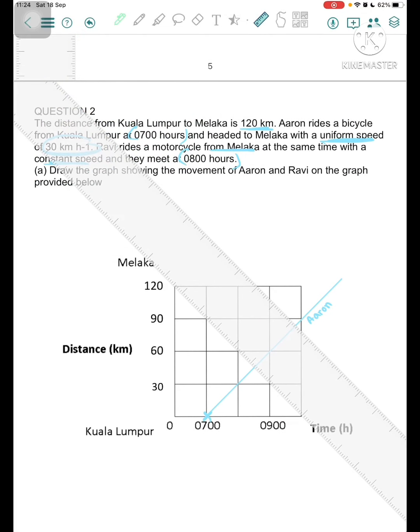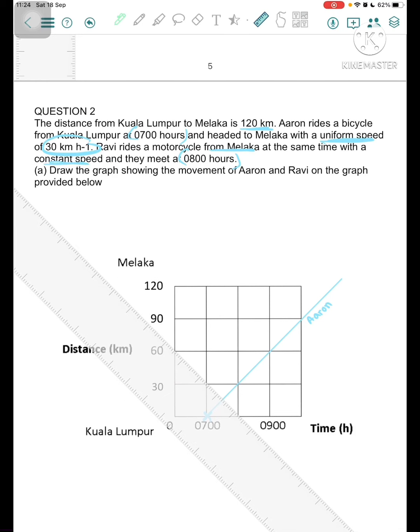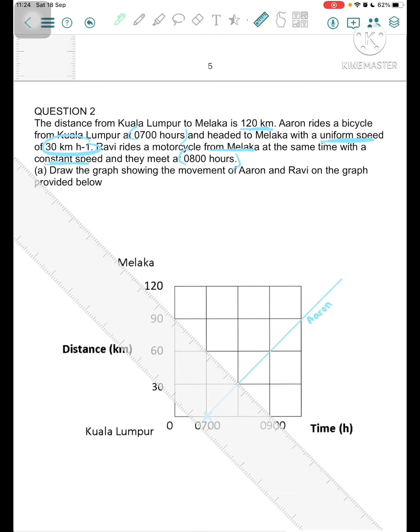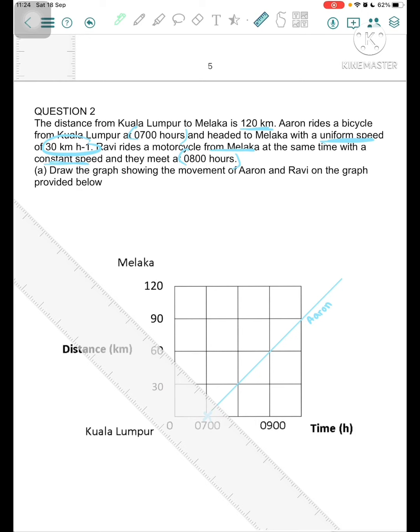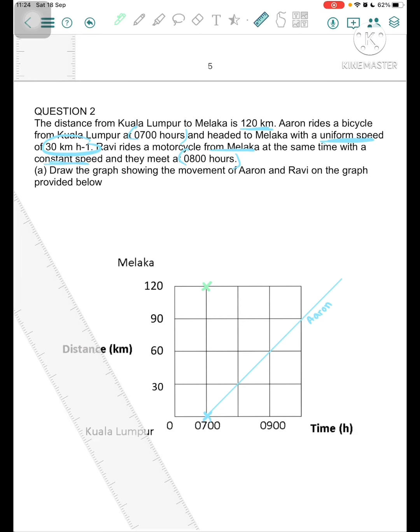And then Ravi rides a motorcycle from Melaka. So this is Ravi's starting point at the same time with a constant speed, and both of them will meet at 8 hours. So 8 hours is here in between.